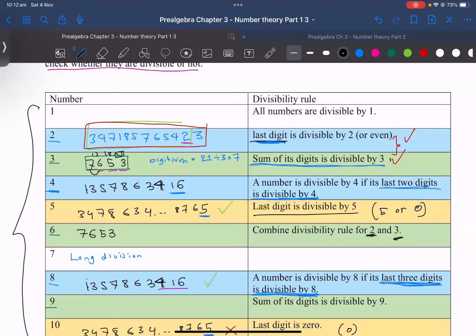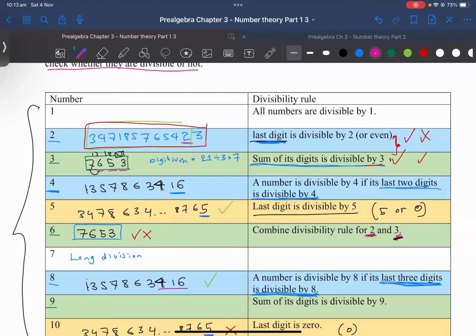Remember, we're checking both things: it needs to be divisible by 3 and even. I agree, it is divisible by 3, but is it even? No. So it gets one tick and one cross. We need both ticks, but we only got a tick and a cross. That means this number is not divisible by 6. Does that make sense? So you're just combining 2 and 3 together.